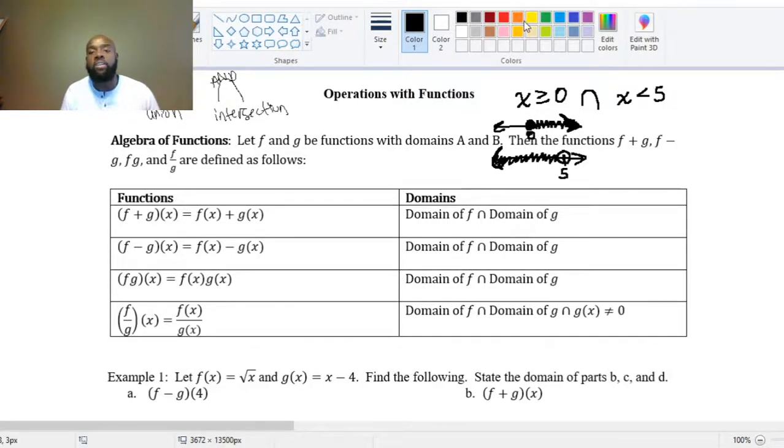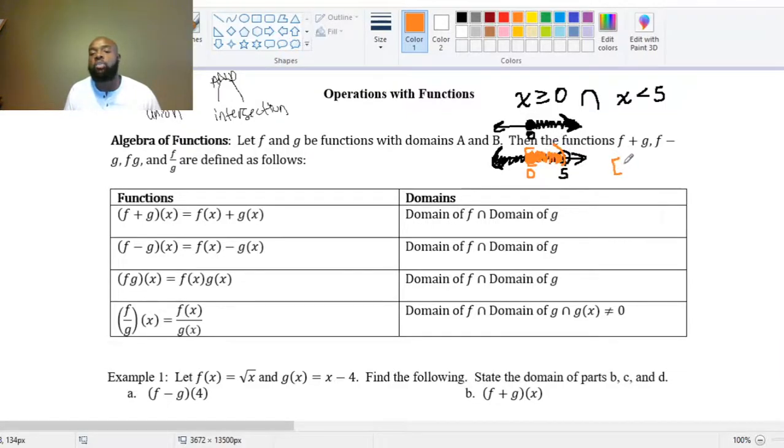I have to have 0 because 0 is in both of them. And all these values all the way up until I get to 5 are going to be in my intersection, but I can't include 5 because if it's not included in this one, then it's not in my intersection. So I have a closed circle at 0, and then I'll continue all the way until I get to 5.